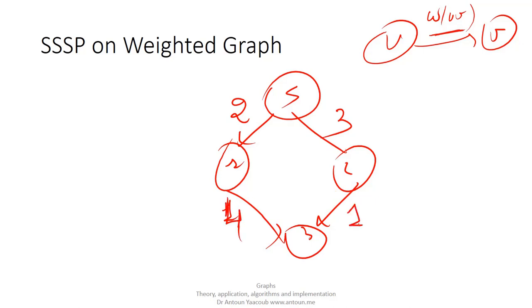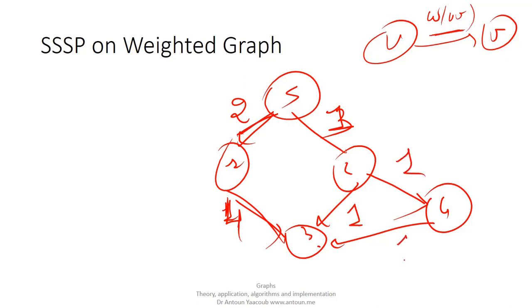So in BFS, this is not a good example. Let's suppose I go from 4, and then I go to 5. Even if I count BFS, for example here I have 1, then 1 here, and then 1. So let's say here we have 3.